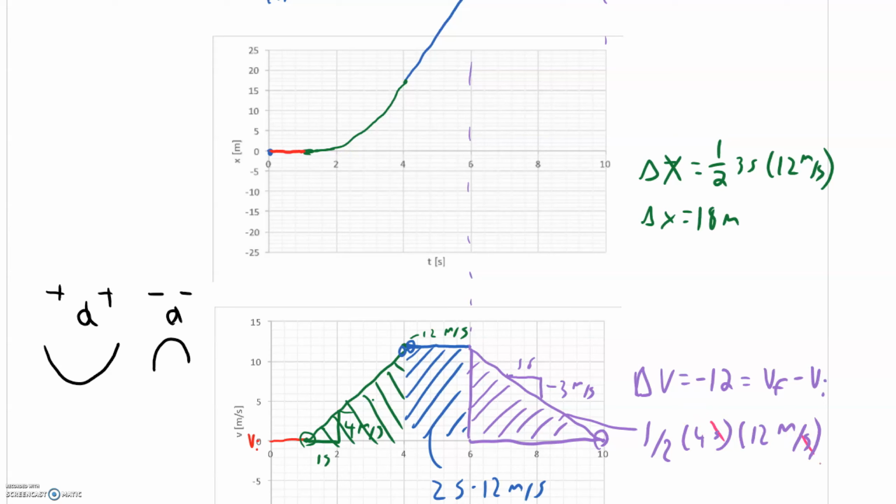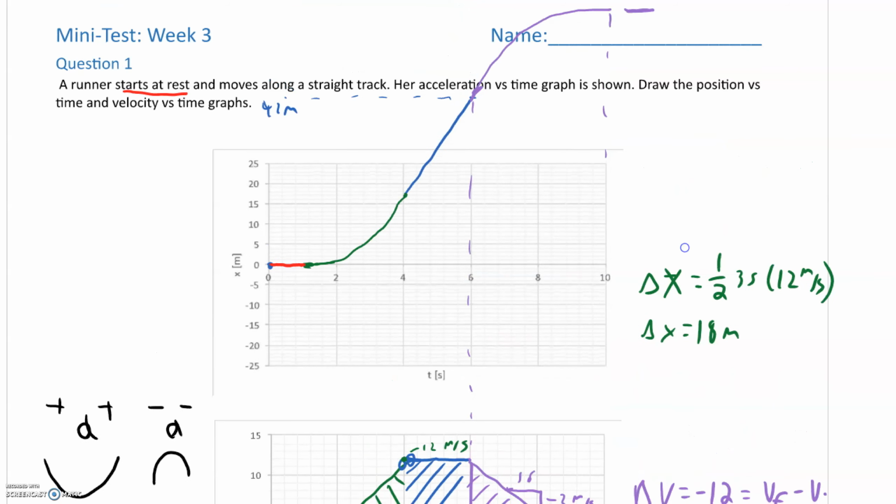So my delta x is equal to 24 meters. Or because I was at 42 meters, I should end up at 66 meters. And that's going to be my final position. So that's going to be my position versus time graph from that acceleration versus time graph.